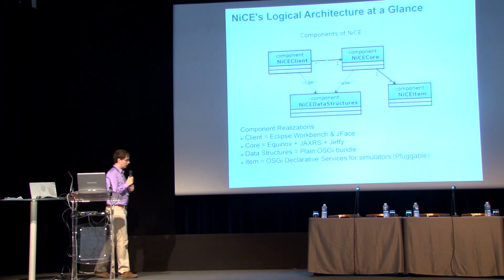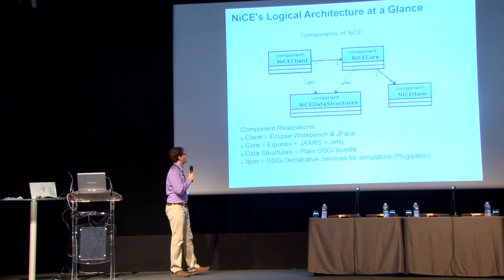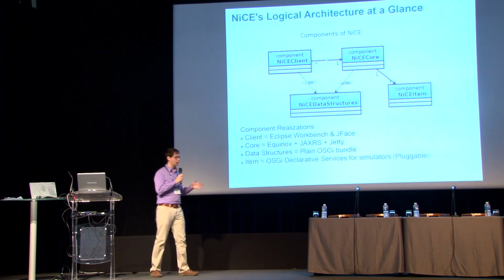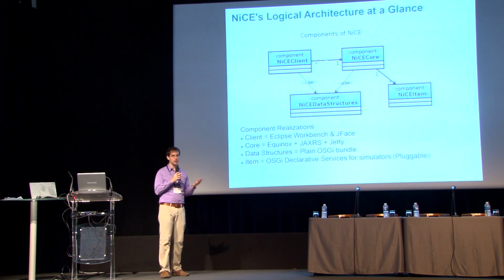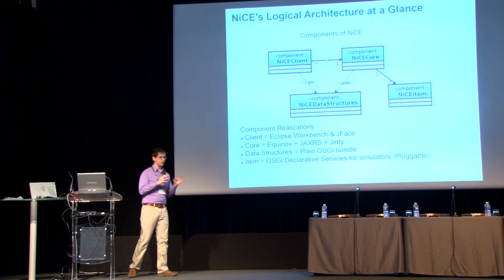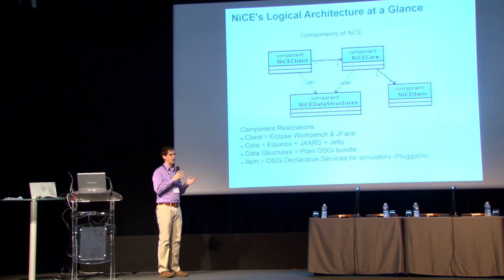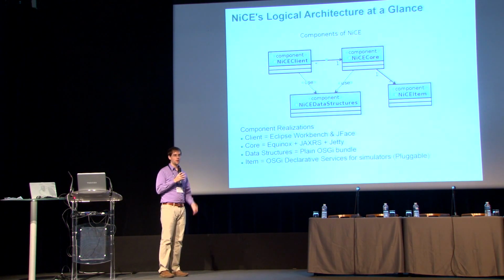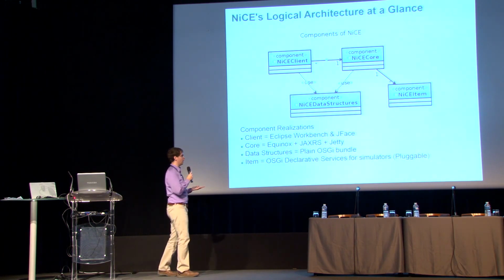So a little bit about how NICE works. NICE has a client and a core, and that pretty much offers you the Eclipse workbench. It gives you the OSGi services that you need to actually run NICE, and sets up the environment for you to do your analysis. So we're trying to take full advantage of the Eclipse RCP to enable these computational science challenges.